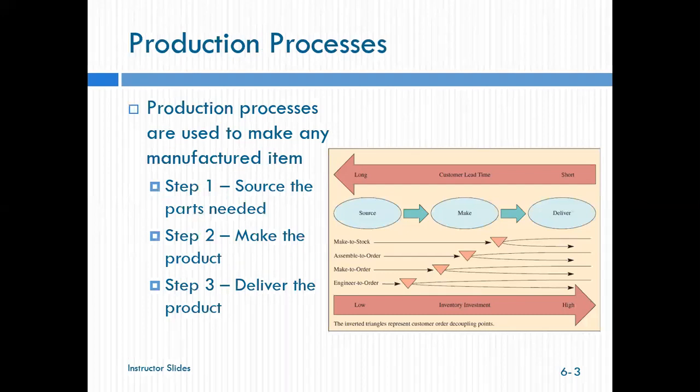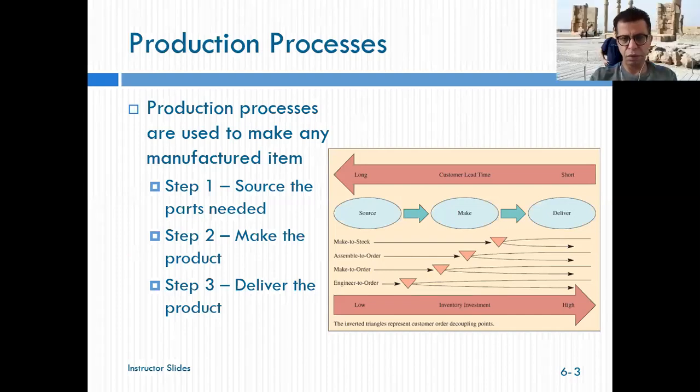Basically, the production process is made of three steps. The first step is the source, that part is needed. So what kind of products is needed there to do that. The second part is how to make the products. And the third part is the customer, the delivery of products.